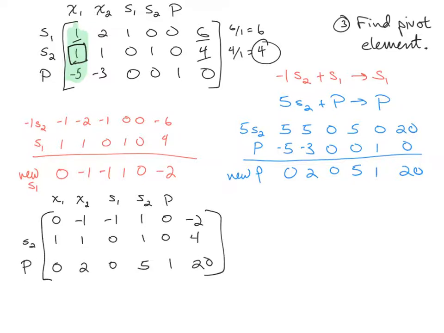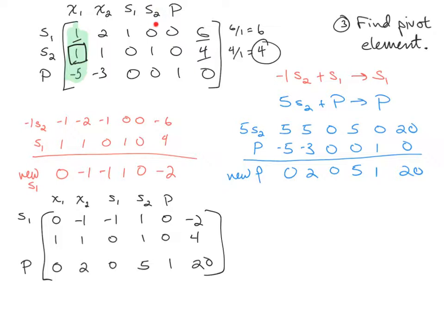Now again, as happened in the last example, you'll notice that x sub 1 is the column 0, 1, 0. And this column here used to be right here in s sub 2. I realize I'm making a mistake here. There we go. So this column used to be here.